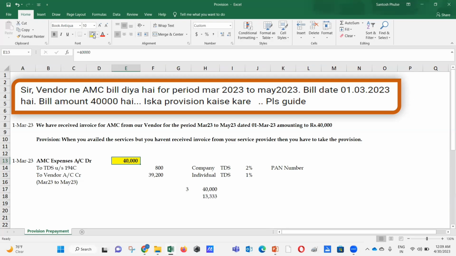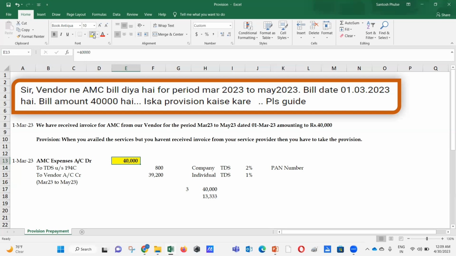So those expenses relate to the future committed services that your vendor is going to provide. So the respective amount for April and May, we have to take out from the P&L because that's not the expense for March.